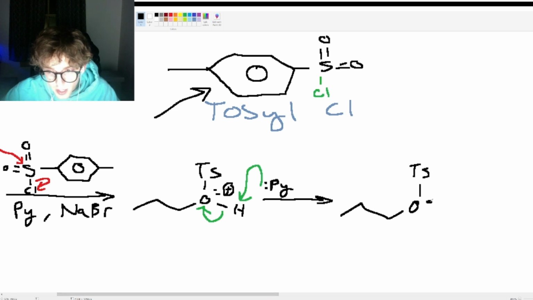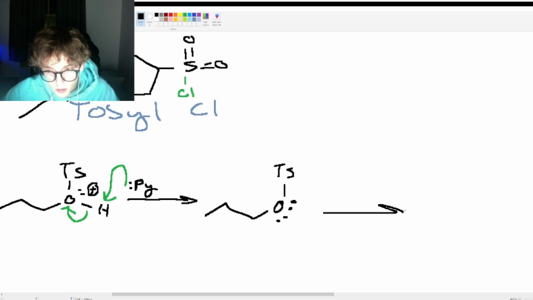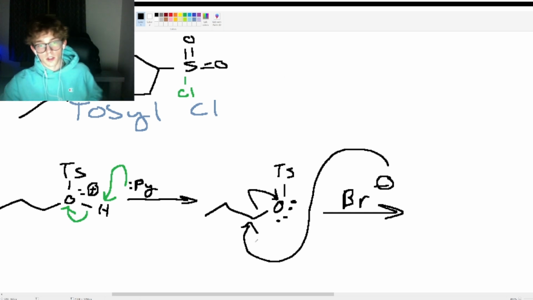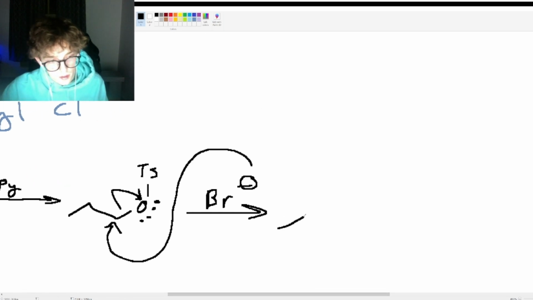So what happens next, now that we have everything neutral, is we're going to get some backside attack. Let's say we have our bromine from sodium bromide. That comes in and does backside attack, and it kicks this group off. Now your product, you'll be left with this here.